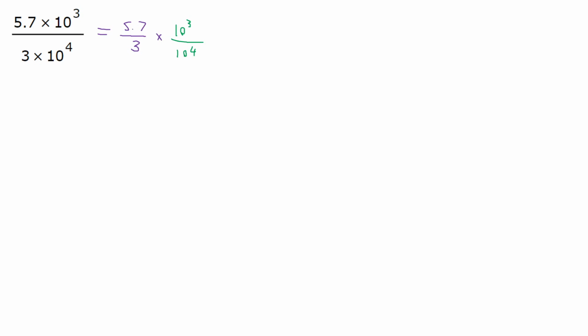And then we need to work both of those out. 5.7 over 3 is 1.9 times 10 to the minus 1, because 3 minus 4 is minus 1. And that's the same as, if you want to write it like that, 0.19. Up to you how you write it.